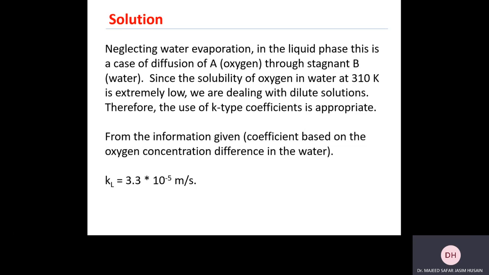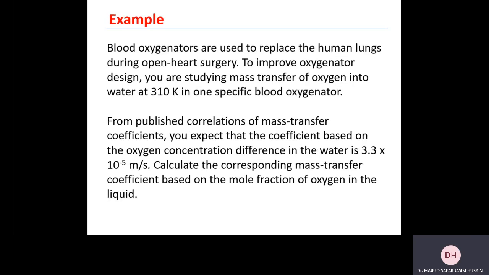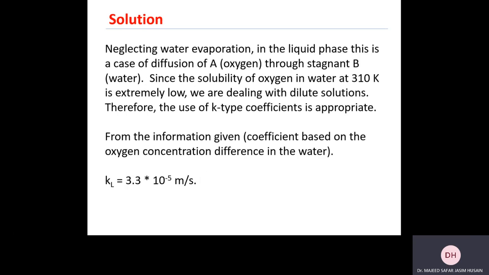So we have to say that we are dealing with a dilute solution. In that case, the use of the k-type coefficient is fine and appropriate. From the information given, which is the coefficient based on the oxygen concentration difference in the liquid, water, kL, the value that was given to you is 3.3 × 10⁻⁵ meters per second, the small kL.